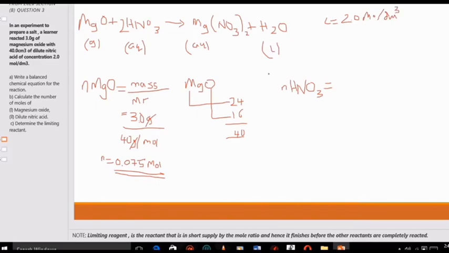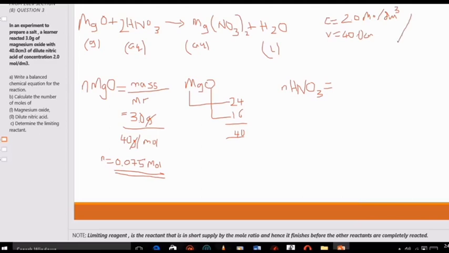Then we've also been given the volume there, 40.0 cubic centimeters. So we've been given the concentration as well as the volume. So we are going to use that formula.